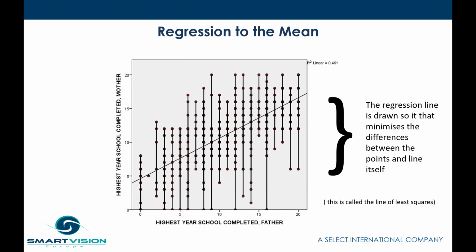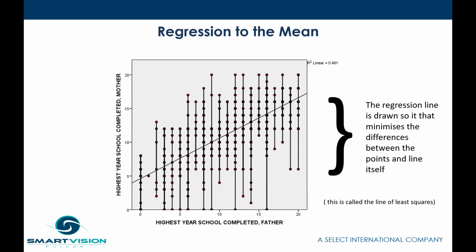The reason why it's called the line of least squares as opposed to least residuals, if you like, or least values, is because, of course, the minuses and positives, if you added them all up, they would cancel each other out. The -5s would cancel out the +5s, the -10s would cancel out the +10s. So, as is typical of statistics and mathematics, what they tend to do is they square the differences.